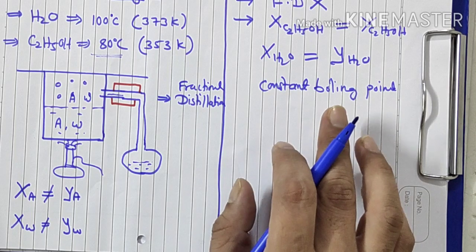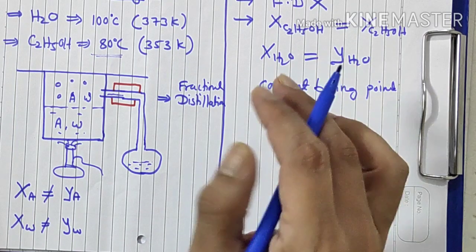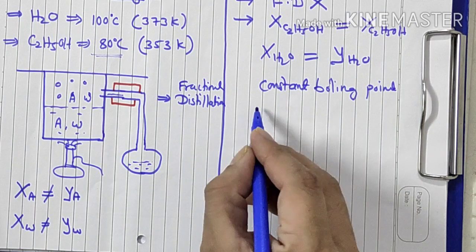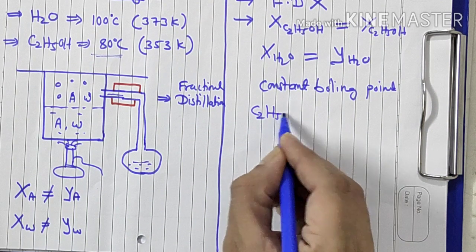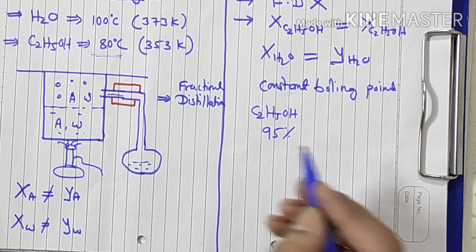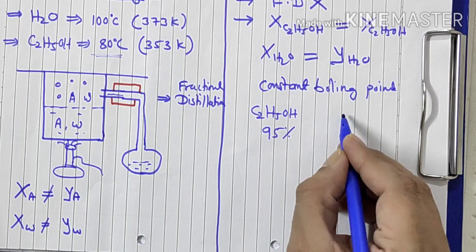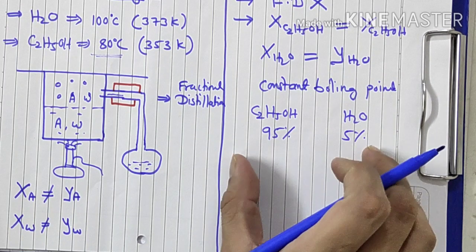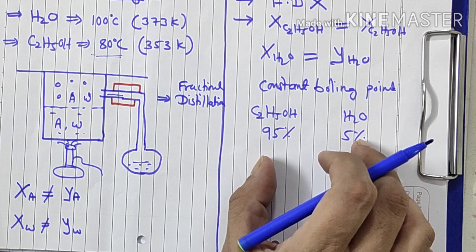Okay. But when I mix them in a certain fixed ratio, what is that fixed ratio? Let's understand. C2H5OH, ethyl alcohol, suppose I take approximately 95%, and water, suppose I take 5%. अगर मैं इस ratio में ले रहा हूँ, ठीक है?